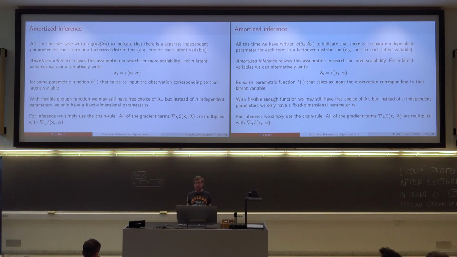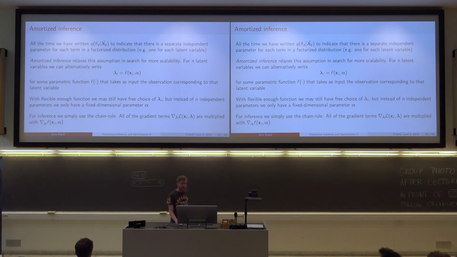If you have a latent variable model with n latent variables, you have an independent parameter for the approximating term of every latent variable. So you have essentially n copies of these independent parameters and you're optimizing directly over those.